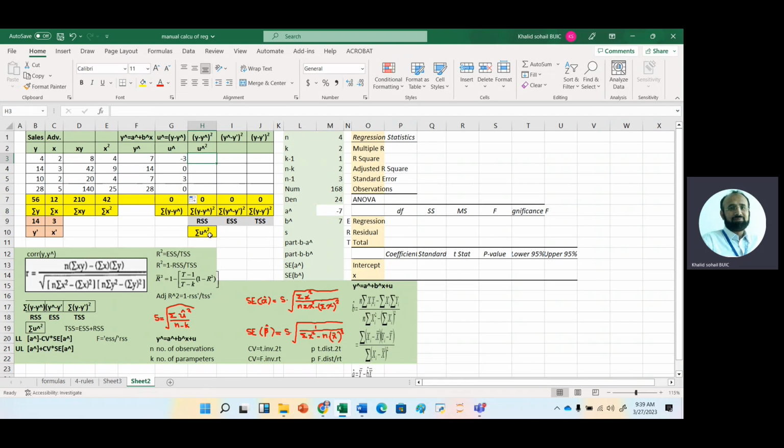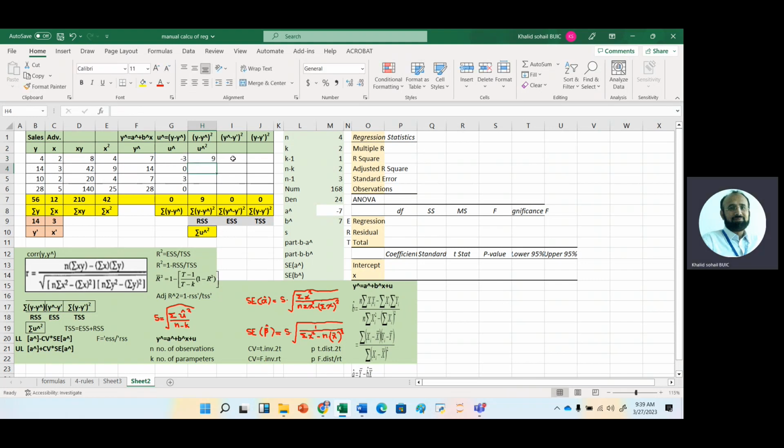Now we need RSS, ESS, and TSS. And look at the formula. We should have y minus y hat square, that is this one, square of this one, and then y hat minus y bar square, and then y minus y bar square. So we calculate it. Now here is y, we have already calculated this, and now just take its square, power 2.